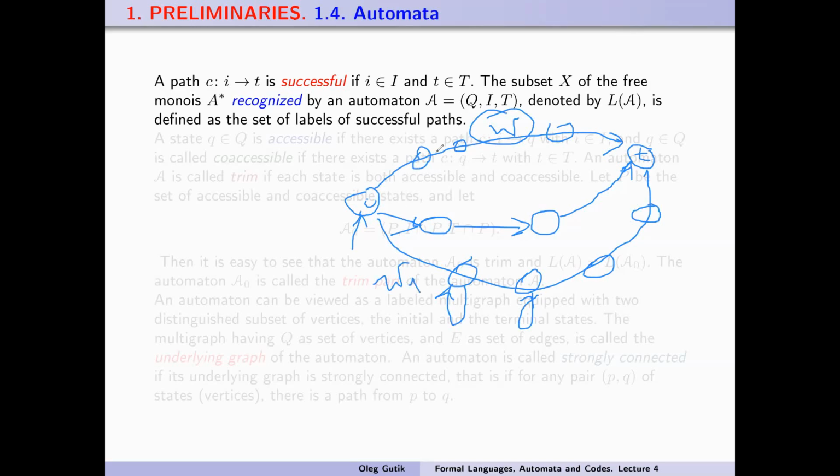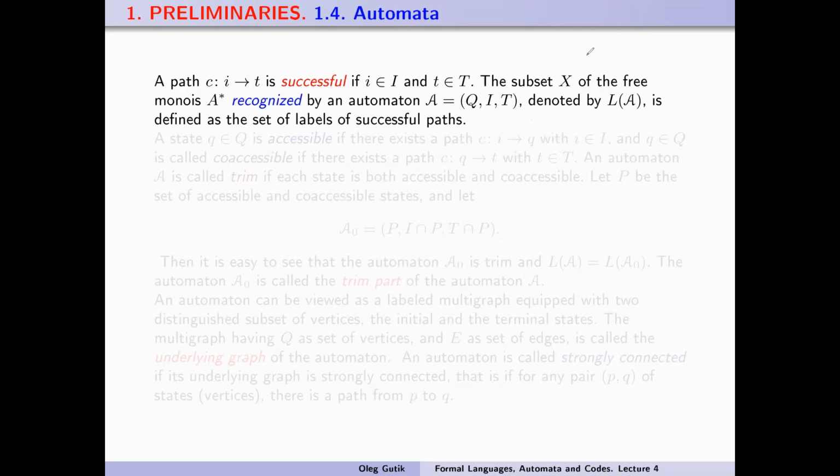So w belongs to X, and if every word of this set is a label of a successful path, then we shall say X is recognized by automaton A.